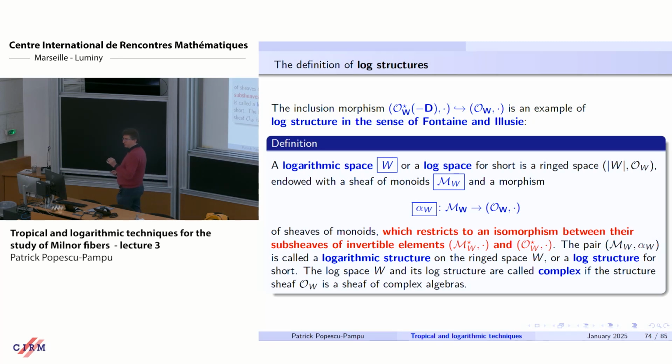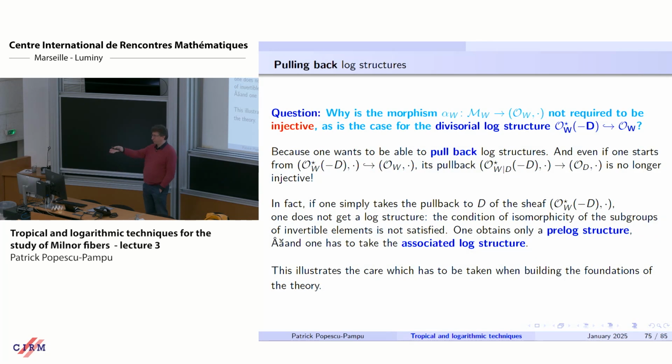And here an important caveat is that you see in the example of a divisor, we get here an embedding, but in the definition we remove the condition to have an injection. Why? Because I explained to you yesterday that it's important to have flexibility to be able to restrict log structures. And if you restrict, in fact, this construction even to a divisor, well, you do not get injectivity anymore. After restriction, you lose this.